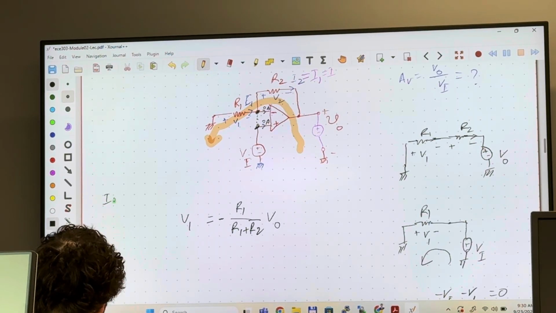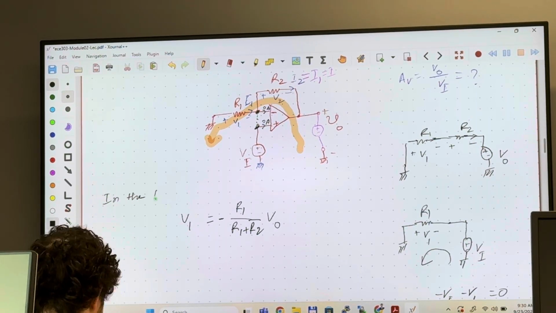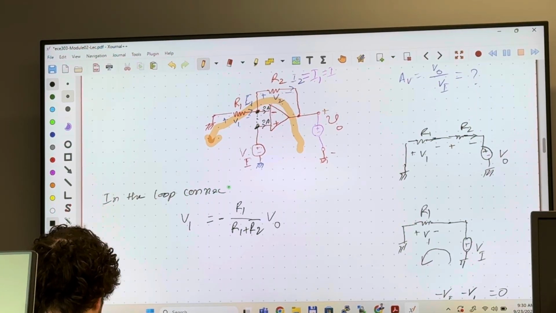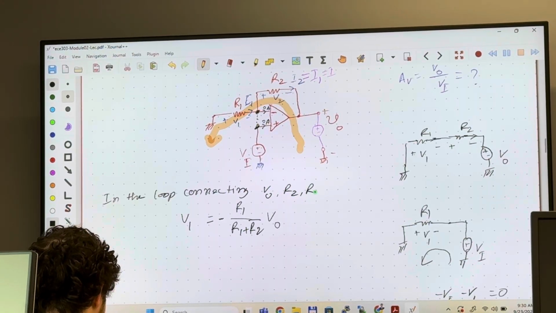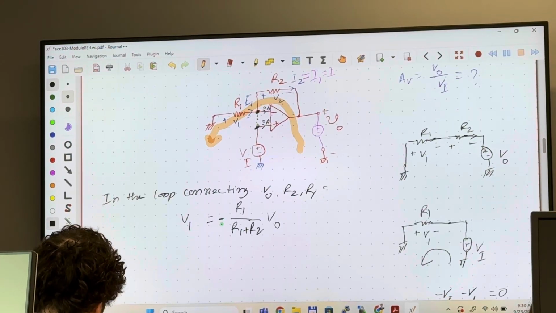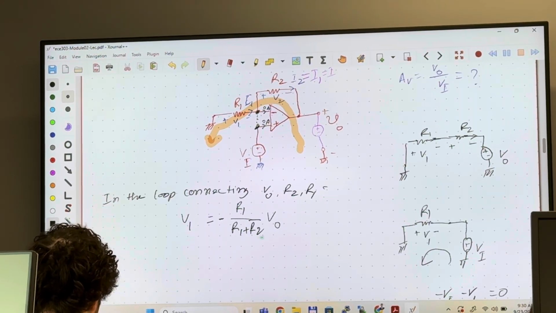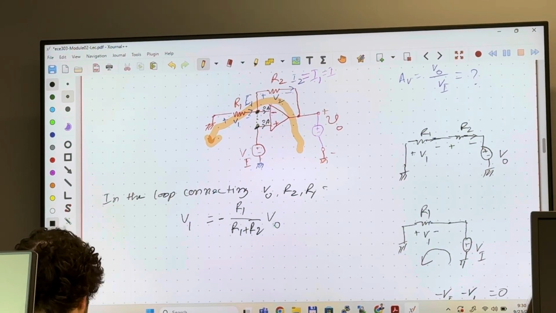You can write here in the loop connecting V naught, R2, R1, just for simplicity. We write V1 equals negative R1 over R1 plus R2 times V naught.